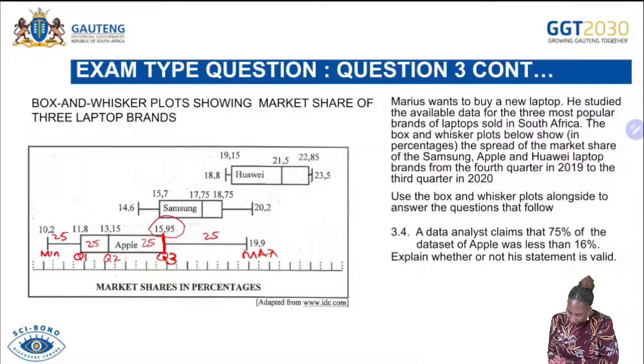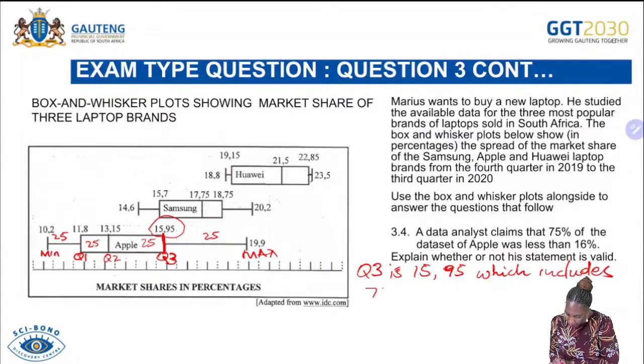So now we say Q3 is 15.95, which includes the 75th percentile and is less than 16%.